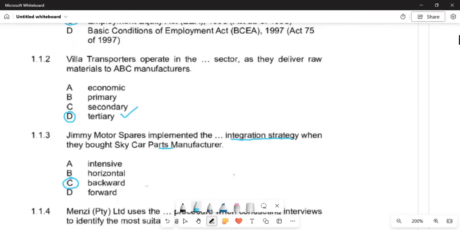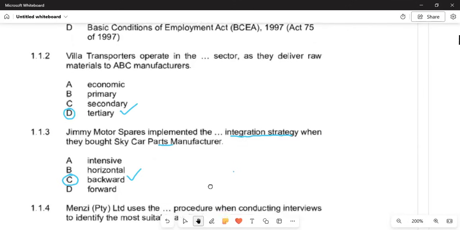The correct answer is backward integration, because the company is combining with its suppliers so that it can be easy for it to access raw materials. So the correct answer is backward strategy, as it is going to merge with the suppliers. Now we are moving on.